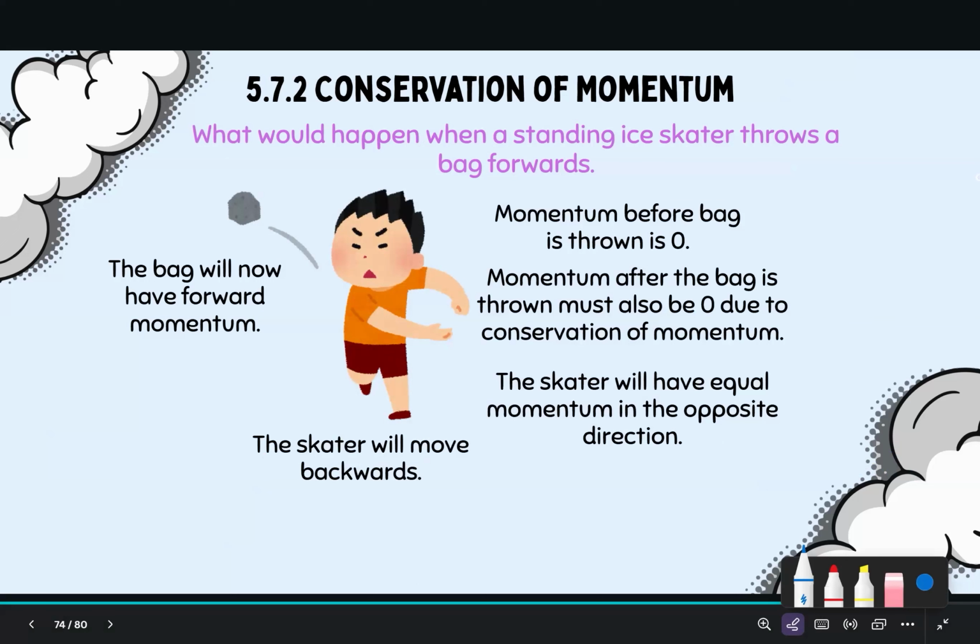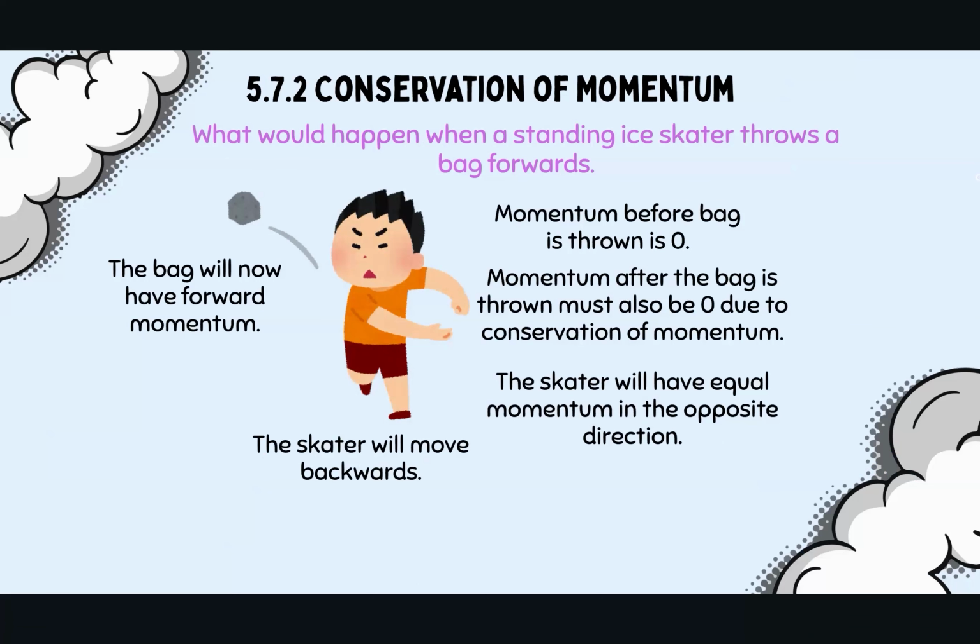So what would happen when a standing ice skater throws a bag forward? Well, the bag will now have forward momentum. So we're talking about a standing ice skater. The ice skater's got skates on. I don't know how to draw skates, never mind. So this person's got skates on and they throw a bag forward. I know that shows a rock, but let's just assume the rock's inside a bag.